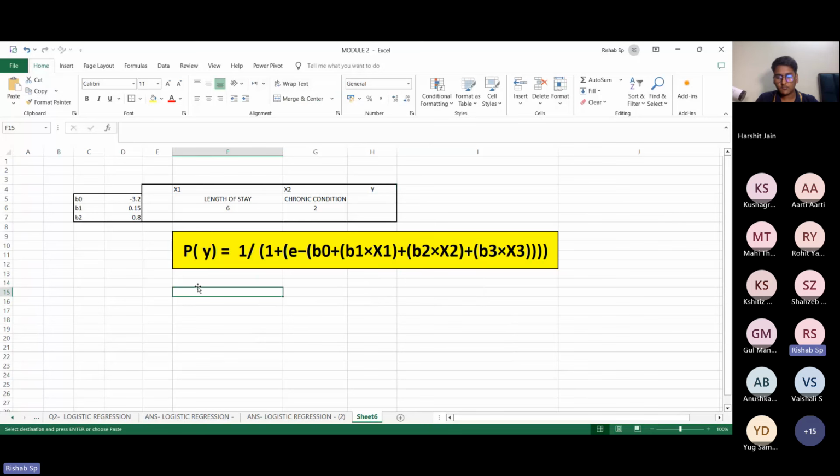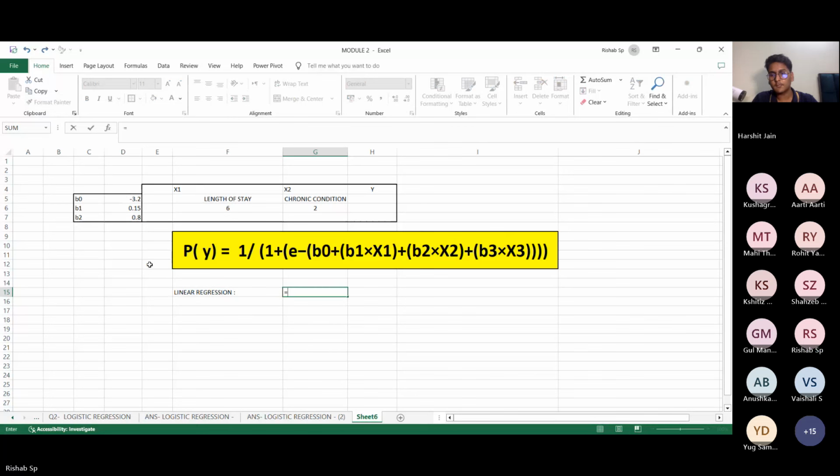So first, we'll start with the linear regression part. Here we have values actually. I don't think we should use yes or no. First we'll complete linear regression, which is equal to minus 3.2 plus 0.15 into 6 plus 0.8 into 2.